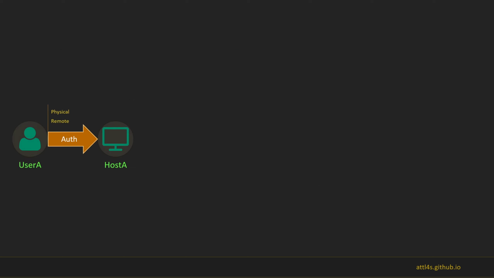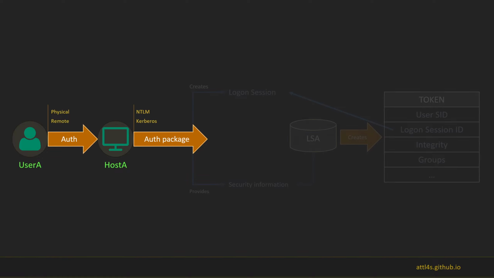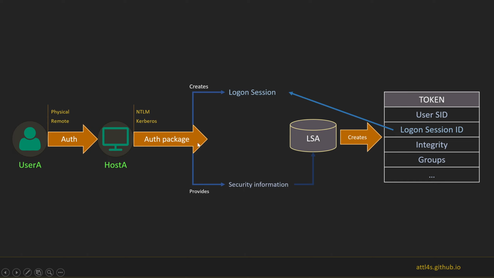Something like this: a user authenticates into a host, either physically or remotely. One authentication package is used, for example NTLM or Kerberos. After confirming that authentication is successful, the authentication package creates a new Logon session and provides information about the user to LSA.